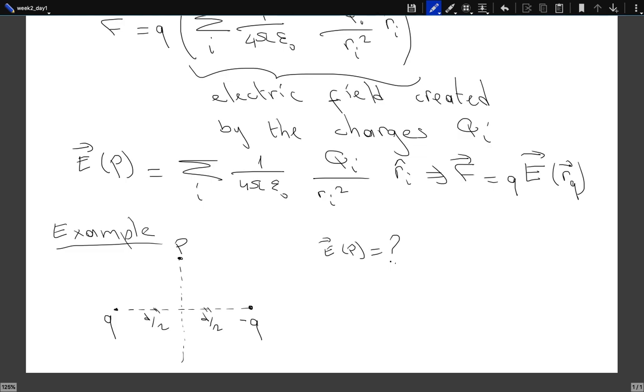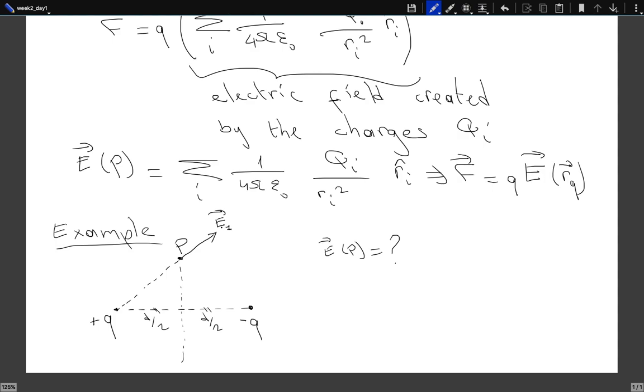I have to calculate the electric fields that each one of them creates first. So let me start with the plus Q charge. Let me imagine this straight line. So the electric field created over here will be pointing away from the positive charge. So it will be in this direction.